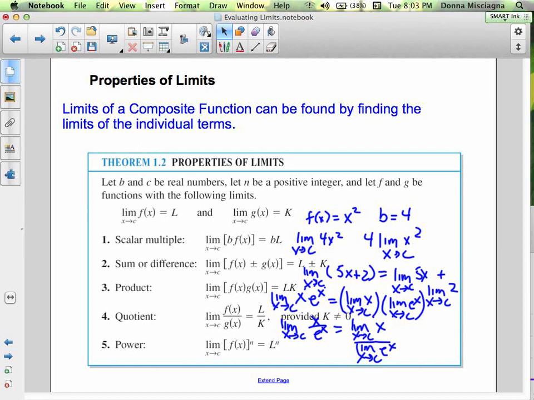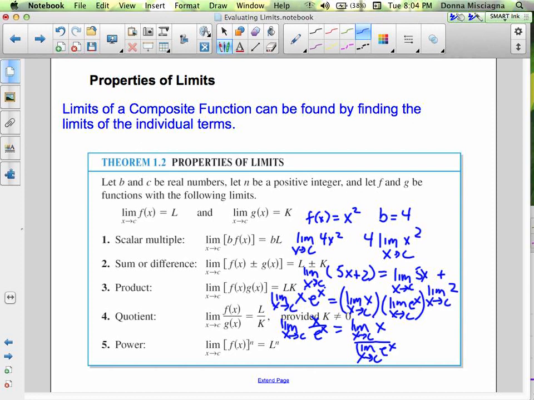And so here we have the limit of a function raised to a power as x approaches c is the same thing as the limit raised to the power.